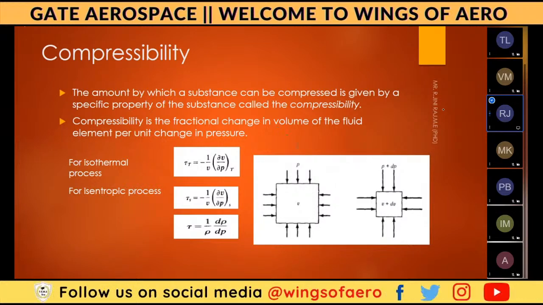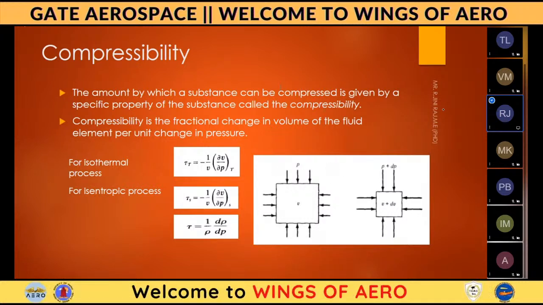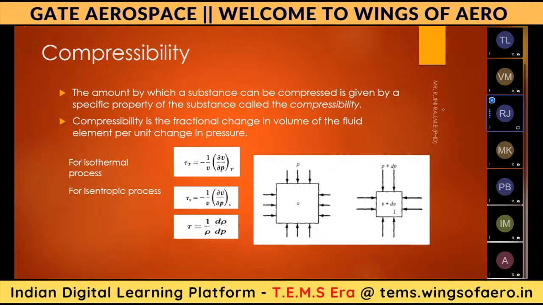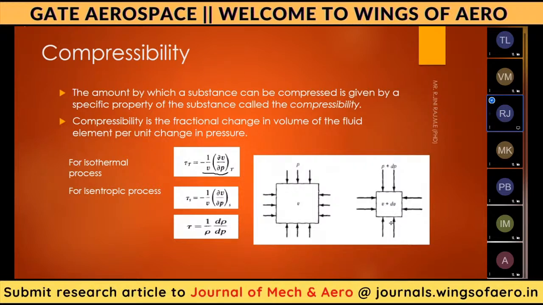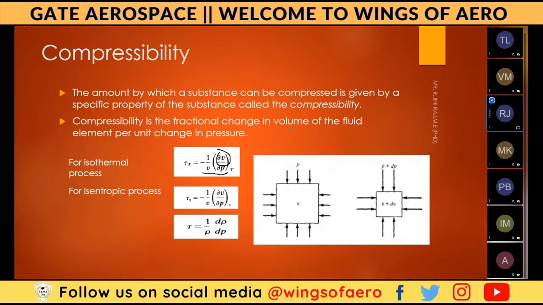It is also defined as the change in volume of a fluid element per unit change in pressure. So the formula is tau equal to minus 1 by V, dou V by dou P, the change in volume divided by the change in pressure.